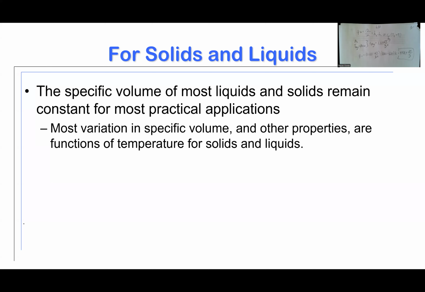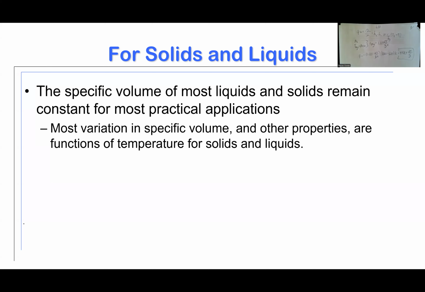So here's what we find: the specific volume is going to be a function. If I've got a liquid staying a liquid or a solid staying a solid, the specific volume really isn't going to change much. If it does vary, it's going to be a function of mostly temperature.